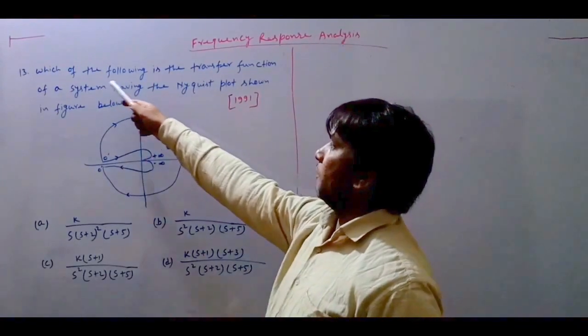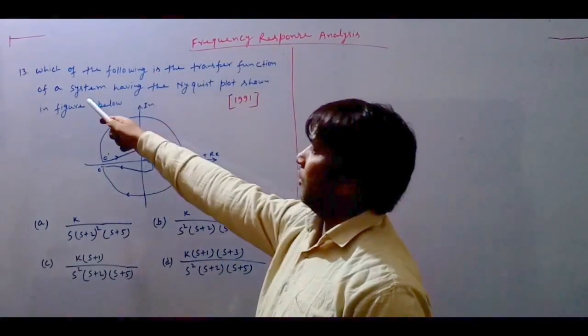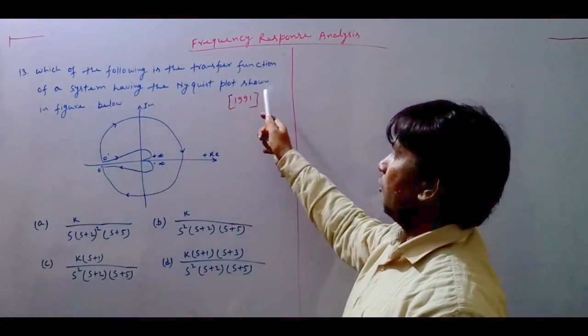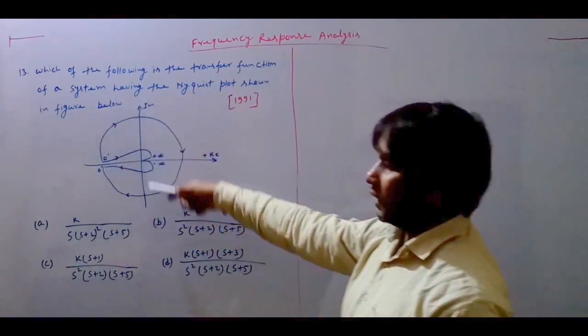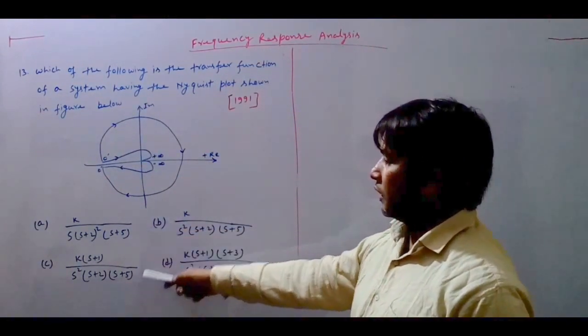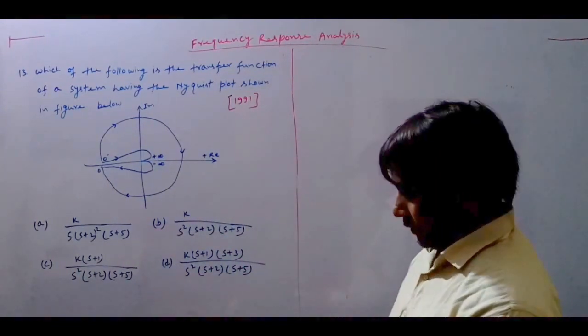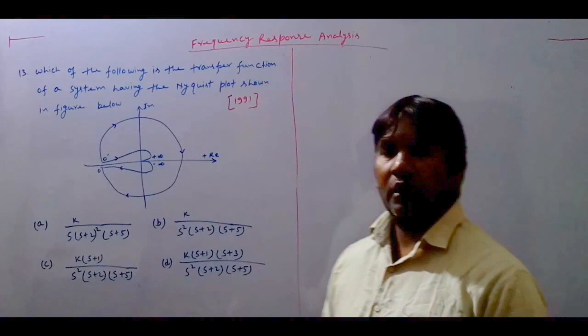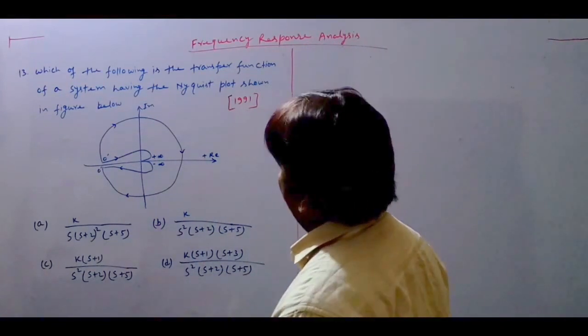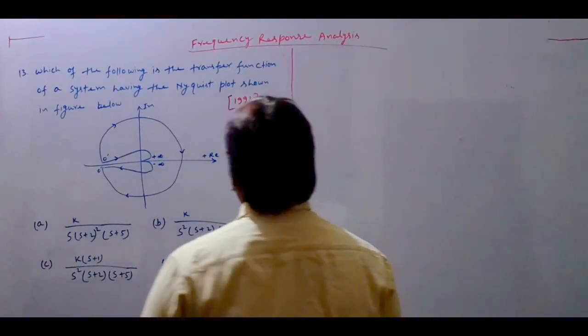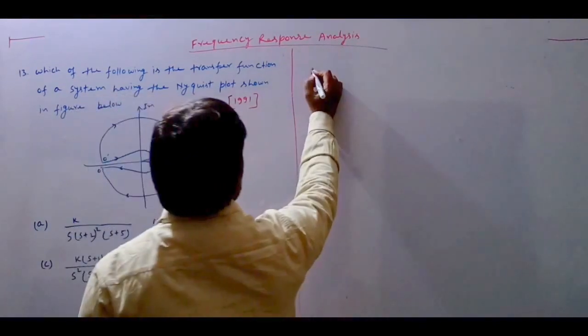Next question is, which of the following is the transfer function of a system having the Nyquist plot shown in figure below? This is the Nyquist plot shown and 4 alternatives are given, and this question has been asked in GATE 1991. So let us see which alternative is correct one. Let us draw the polar plot first.